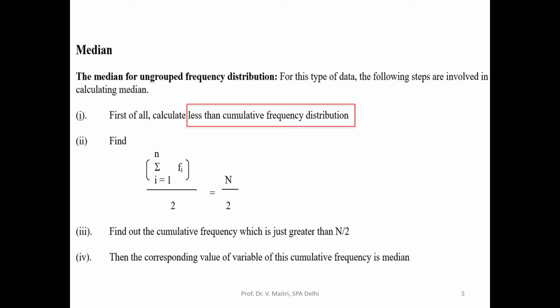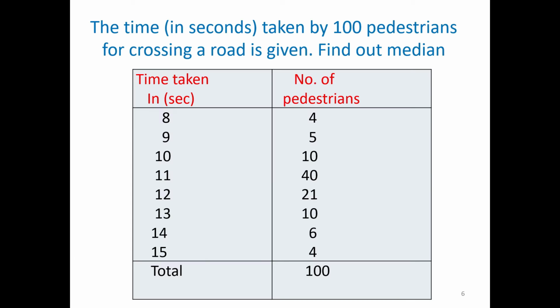Now from the cumulative frequency which you have created, find that cumulative frequency which is just greater than this N by 2. Then the corresponding value of the variable for this cumulative frequency is declared as the median. That will be the median. So simple.